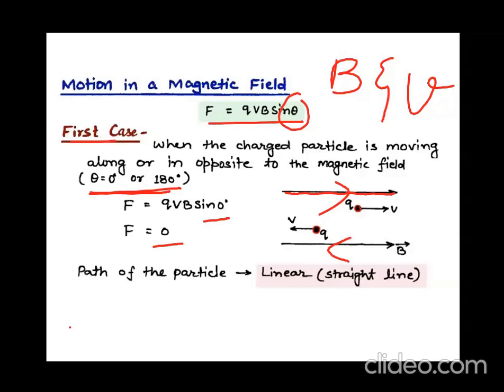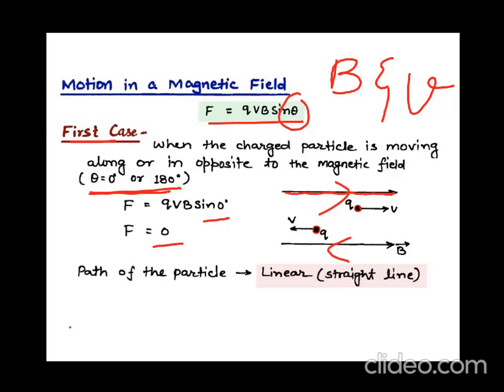So children, when the charge is moving either in the direction of the magnetic field or in the opposite direction, the magnetic force is 0. No magnetic force, no force will act because of the magnetic field. And if no force acts, the charge is going to move as it is moving.